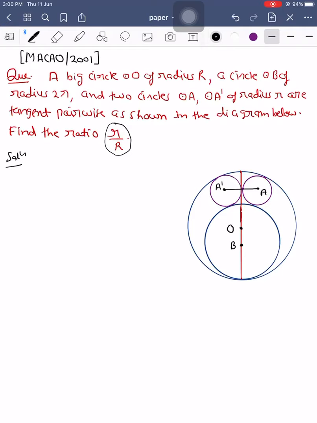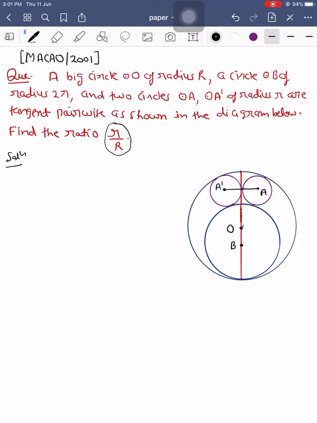The red line is clearly a common tangent line, also known as the internal tangent of these two circles A and A dash. We can also say that the red line is the radical axis of these two smaller circles, and by symmetry the centers of the two remaining circles, points O and B, also lie on this red line.